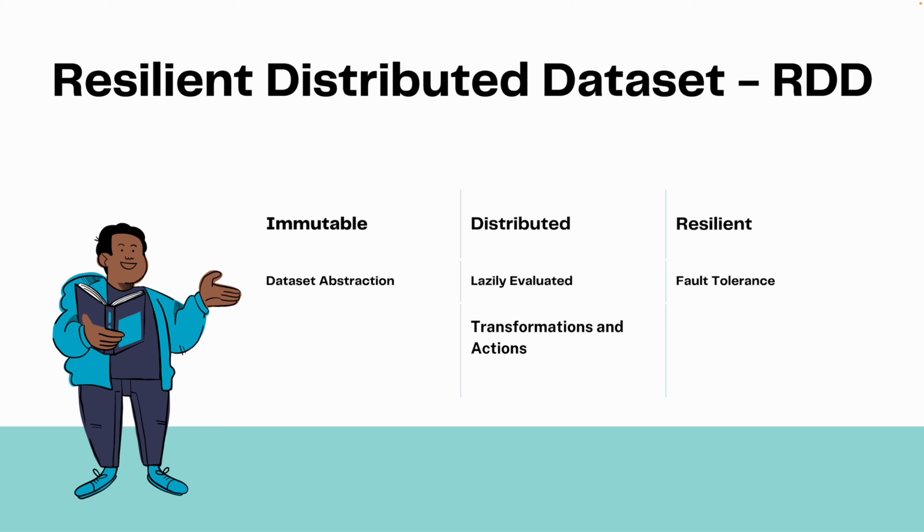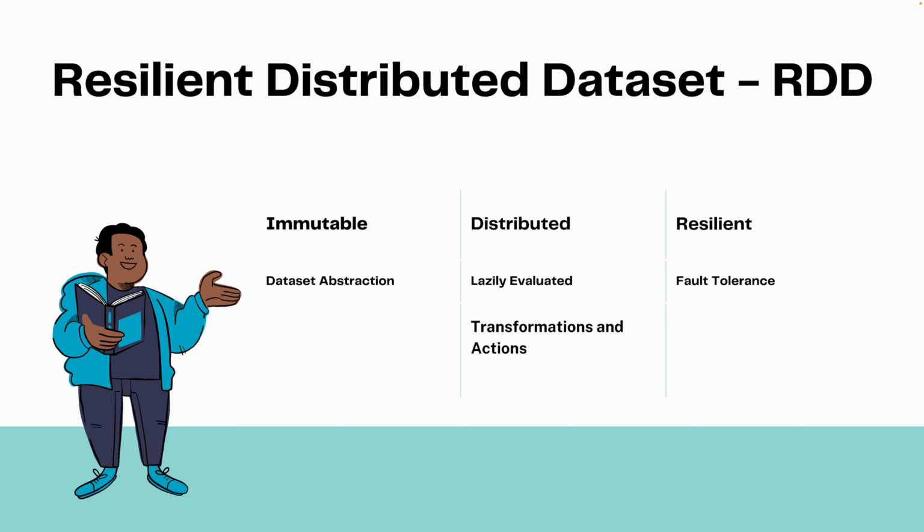Lineage refers to the sequence of transformations which you apply to an RDD, which Spark reuses to reconstruct lost partitions in case of failures. We'll go through lineage information, or how the transformations are applied to an RDD, in a few more videos in the series. But that's the general definition of resilience which RDD provides.